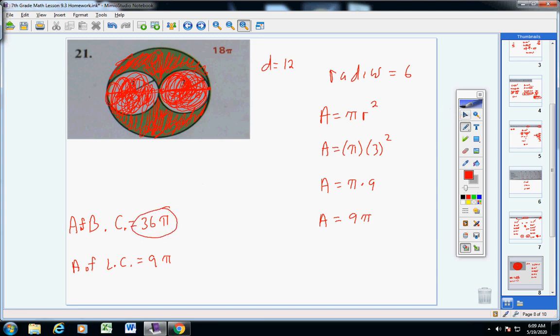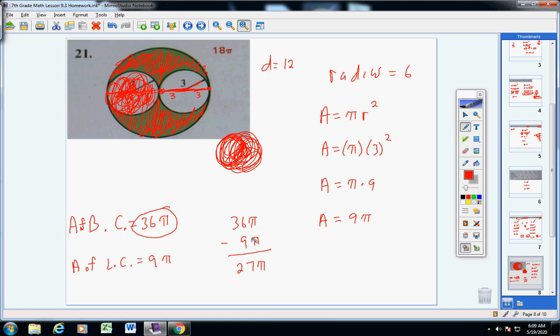And then I'm going to have to subtract out one of those circles. So 36 pi minus 9 pi gives me 27 pi. By the way, you probably do not know how to add and subtract areas that are written in terms of pi. So let me show you how to do that right now.